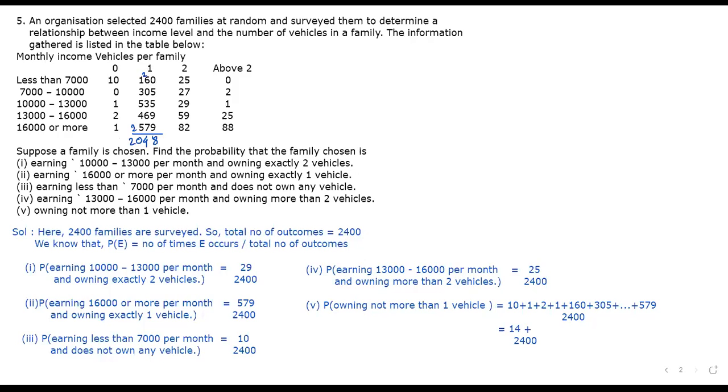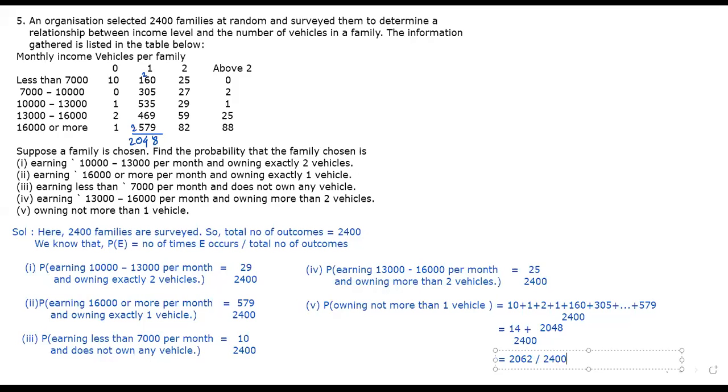Is equal to what? 2062 upon 2400. Is it 2062 upon 2400?